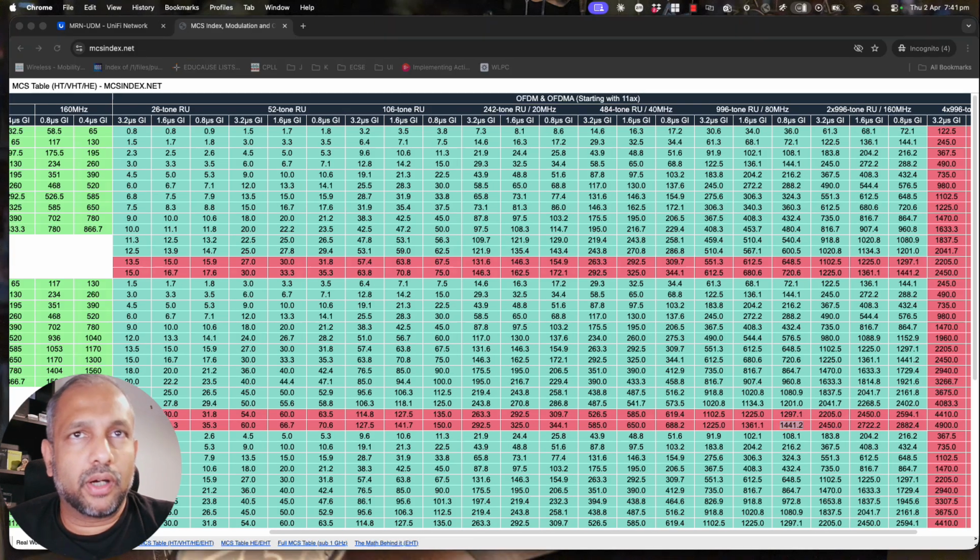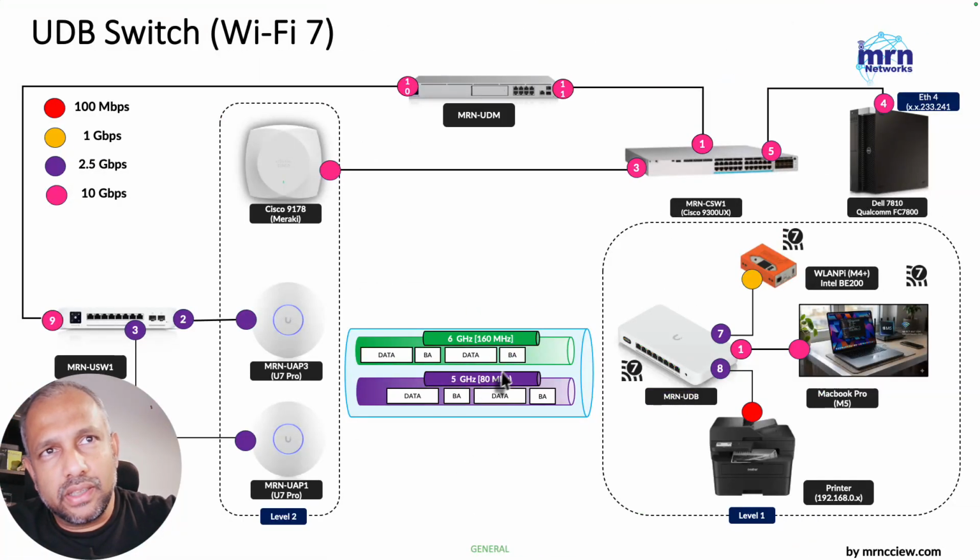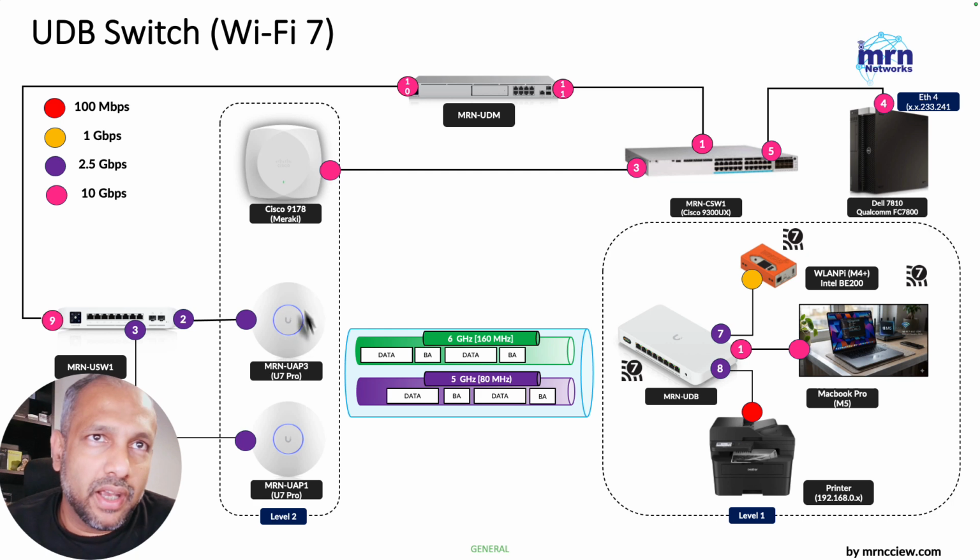Right now I have not upgraded my access point here. I still have a U7 Pro, so I am limited by 2.5 gig. This access point does not have an Ethernet port.